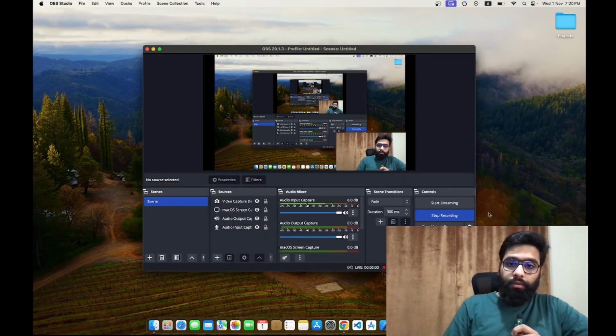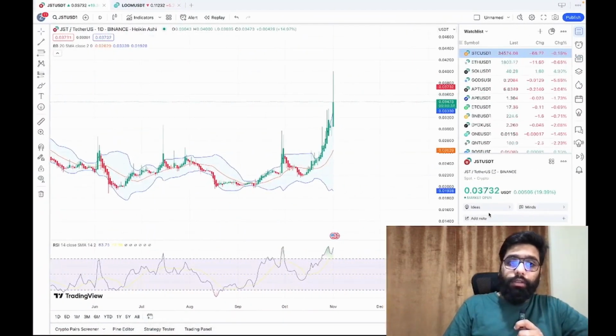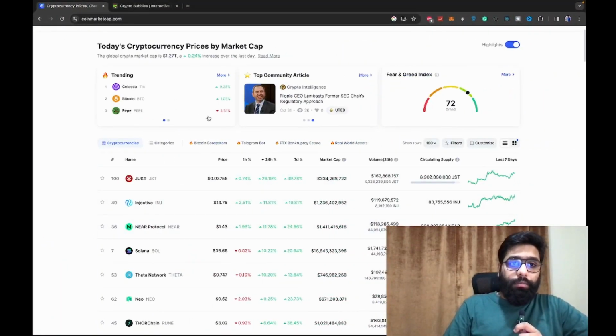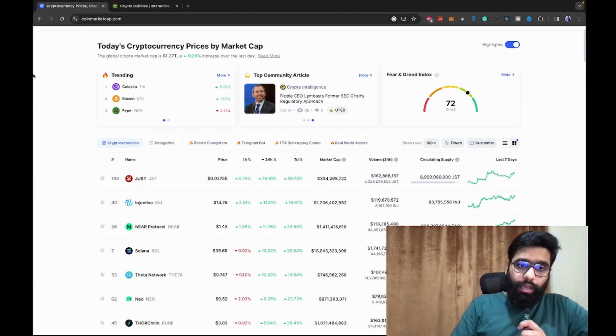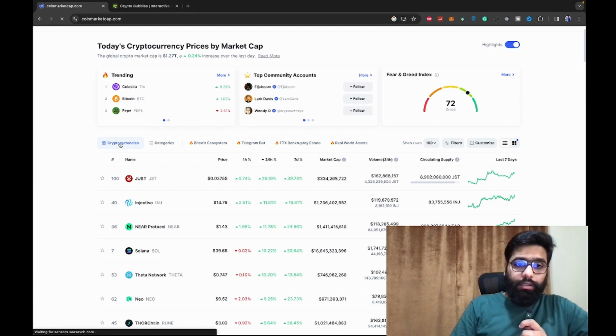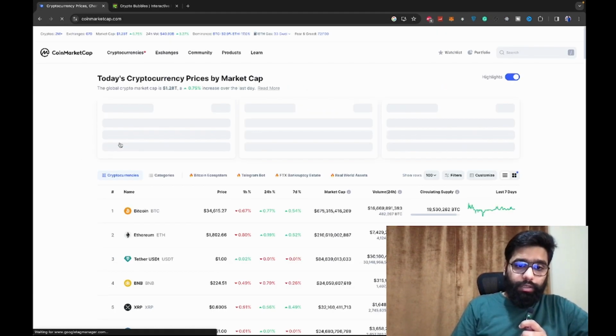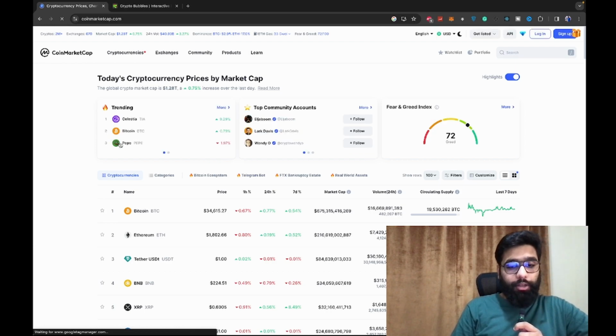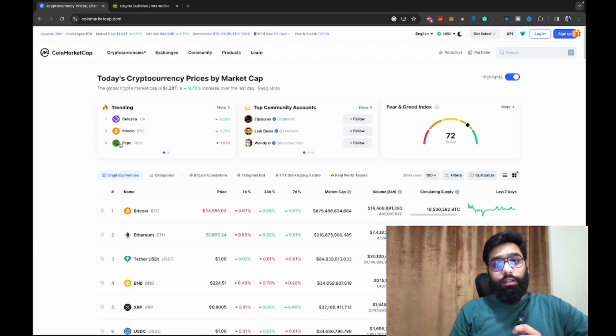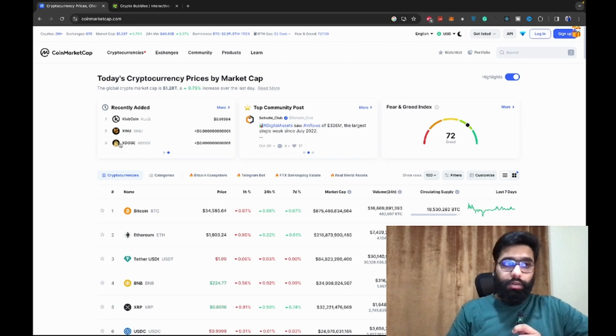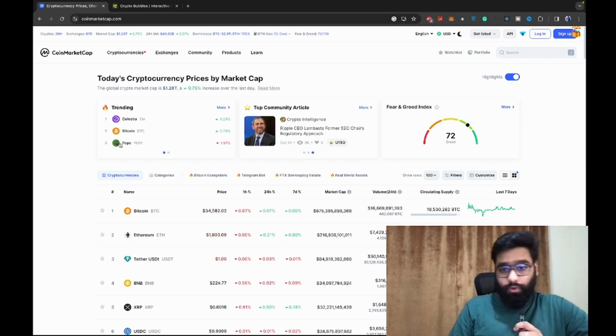Okay, so first of all, what you have to do is open this website known as CoinMarketCap, and here you can see multiple cryptocurrencies. This is the first thing that you have to do on the day whenever you start trading. This is the most important step out of all.